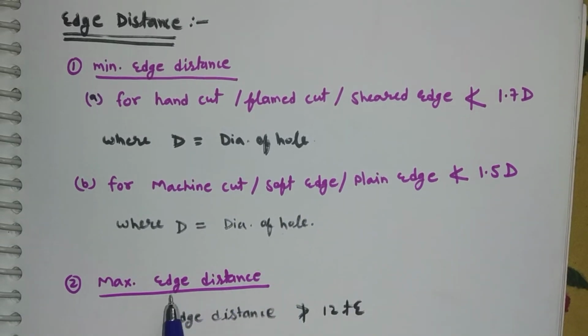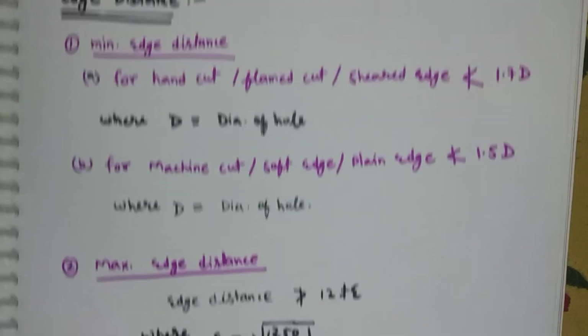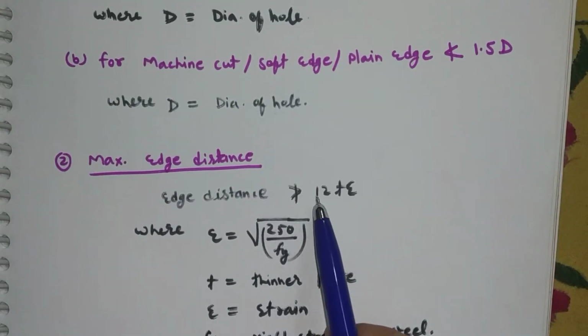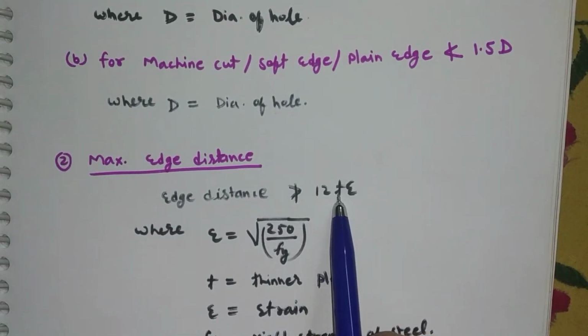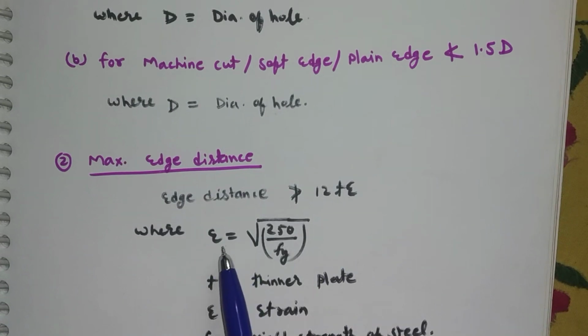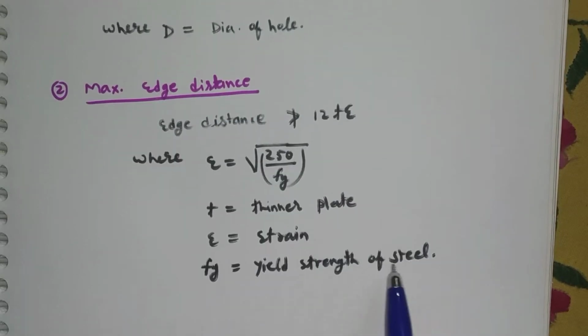And the maximum edge distance is not more than 12 t epsilon, where epsilon is calculated as under root 250 upon Fy, where Fy is the yield strength of the steel.